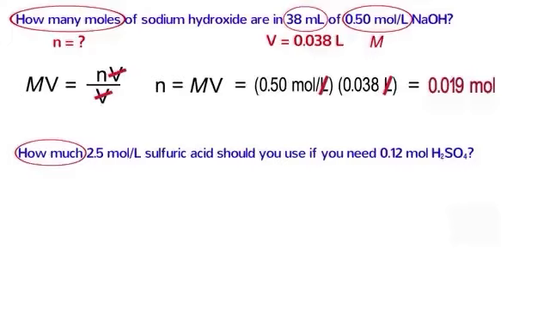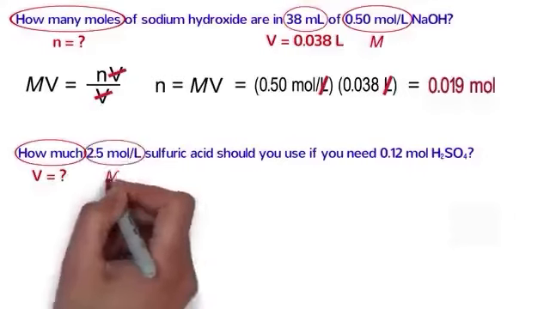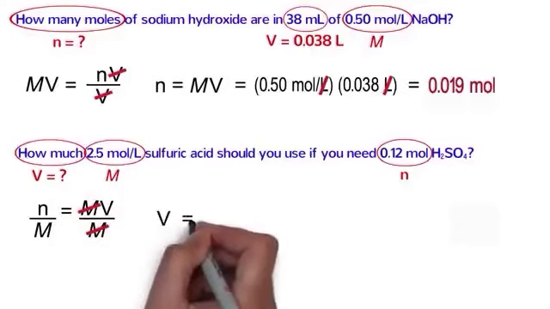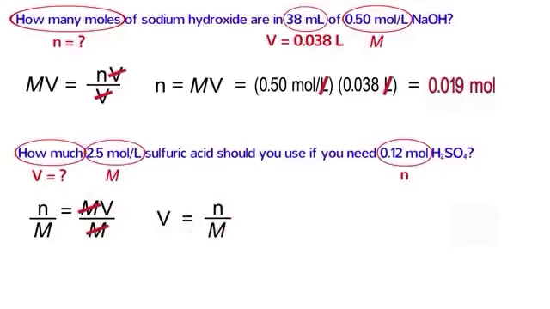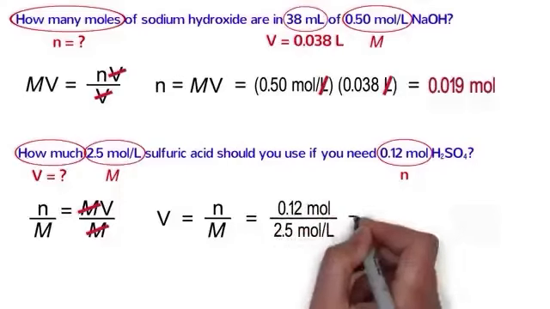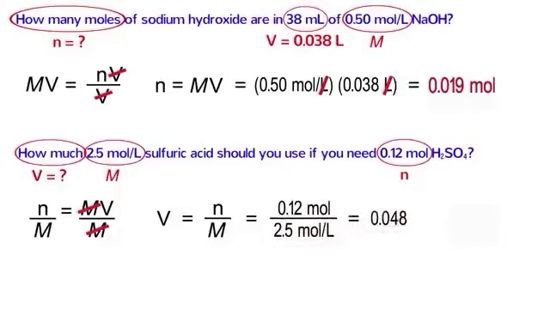We have M equals N over V, but now we are looking for V, so V will equal N over M. So V equals 0.12 divided by 2.5, and you get 0.048.